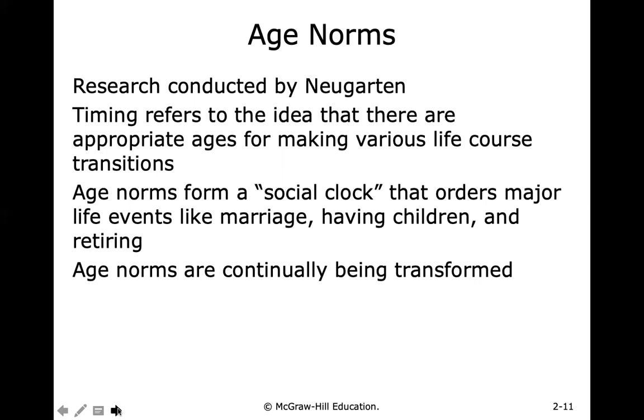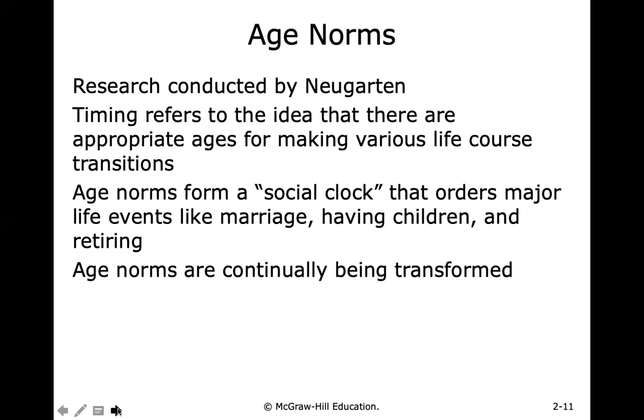If I have this whole concept of an age norm, well, who's telling me that it's normal and that my social clock is set to this when I have to think about marriage, or it's set to this when I think about having children, or it's set to this when I'm thinking about retiring? That whole concept of it continually being transformed, who is it transformed by?